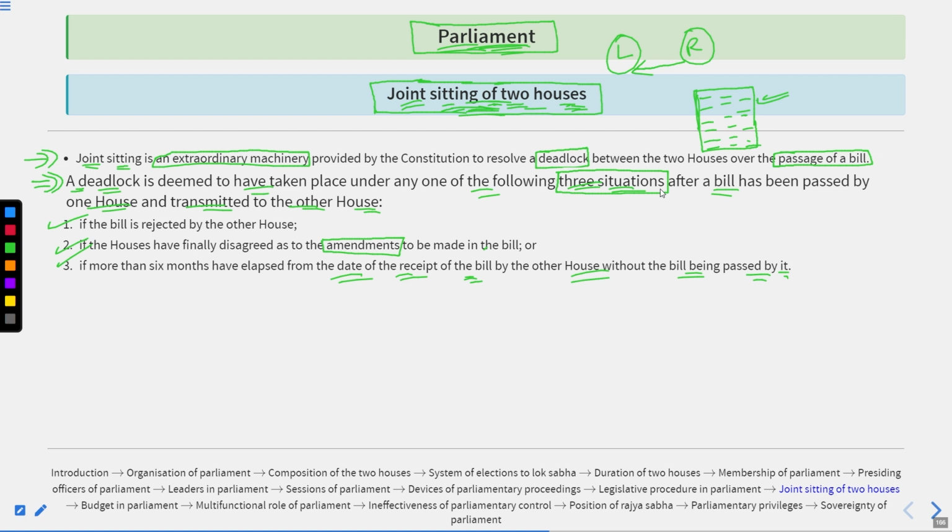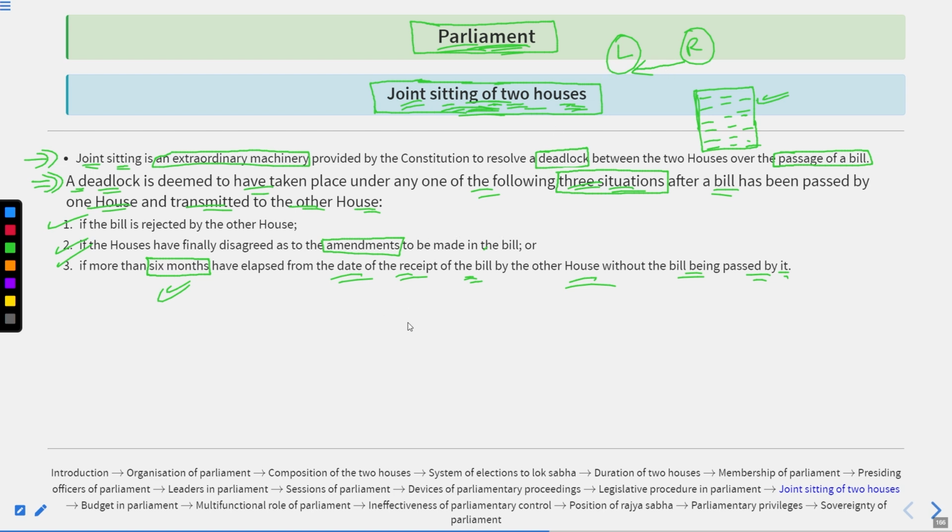Then till the 1st July, the bill will be valid, and the house will only have the time period of these 6 months to pass the bill. If it did not take any action to pass the bill, that will automatically be considered a deadlock. Why? Because the given time period has been over and the other house has not taken any action, so this will be considered a lapse of the time period, and that will be a deadlock.